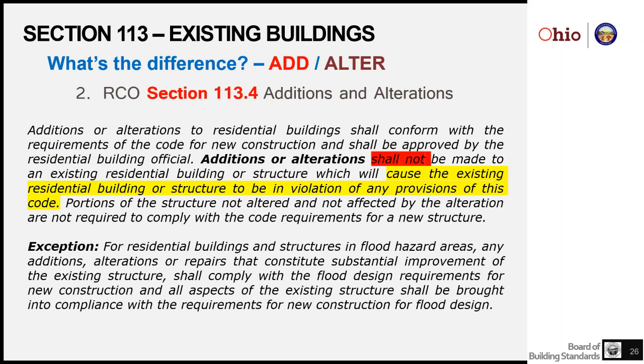You're coming in and you're making changes to it either through additions or alterations, and you can't do something that's going to make it less safe. You can't do something that is going to change it and make the existing structure have a violation. So that has to be addressed in the proposed changes, that you're not going to promote a violation.